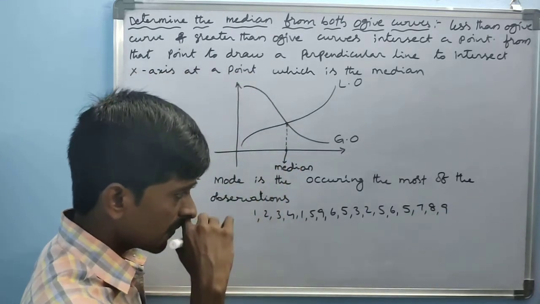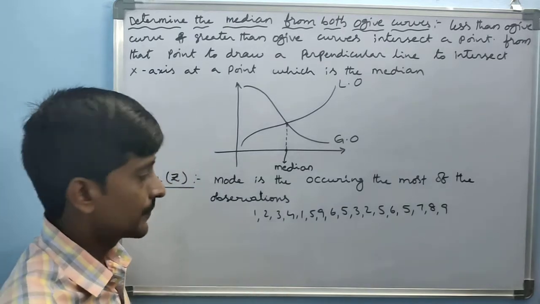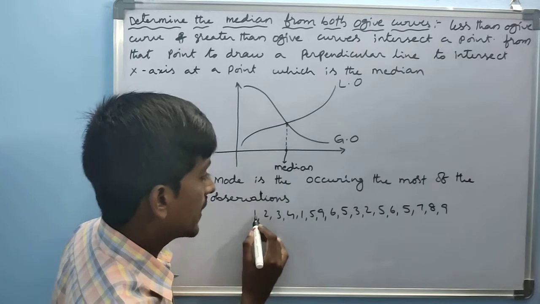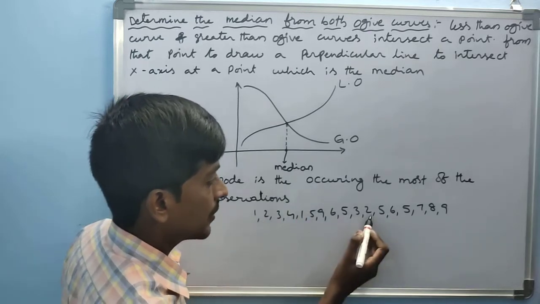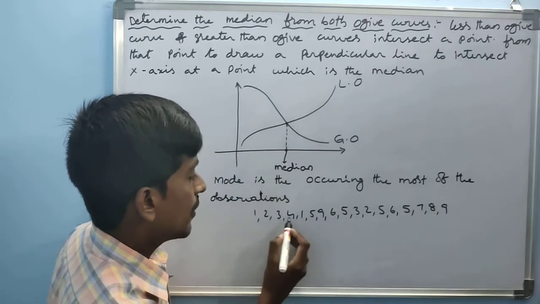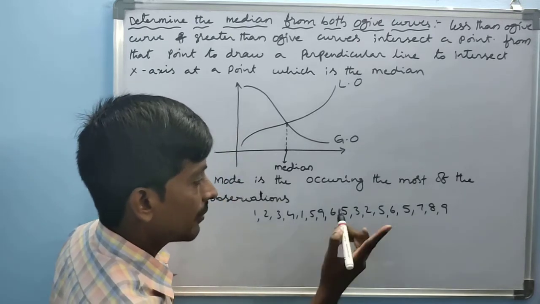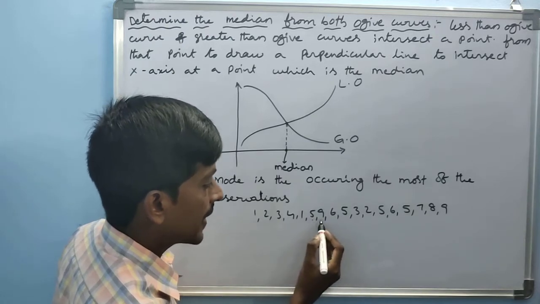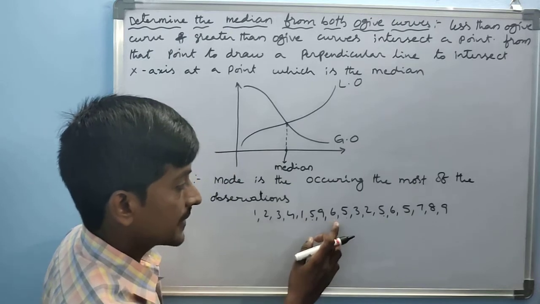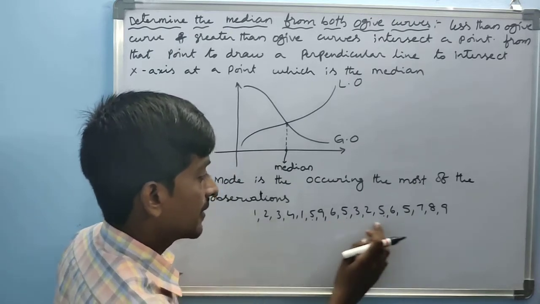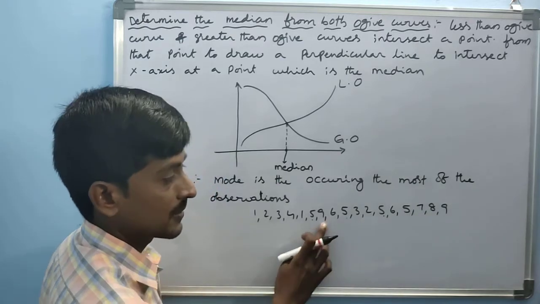Here 1 occurs 2 times, 2 occurs 2 times, 3 occurs 2 times, 4 only 1 time, 5 occurs 4 times, 6 occurs 2 times, 7 one time, 8 one time, 9 two times.